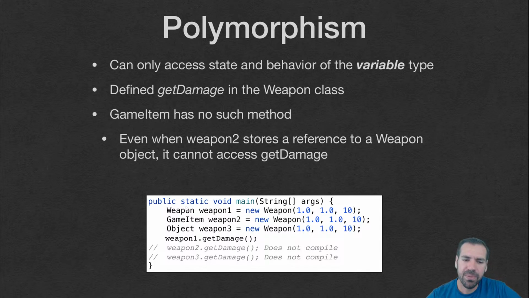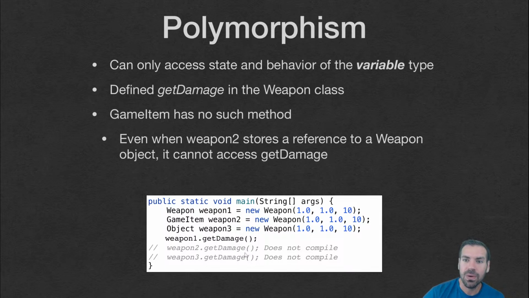So from the variable weapon 1 of type weapon, I can call get damage all day. That's fine. We would expect that from everything we've seen all semester. We can make this call. But if I uncomment either of these next 2 lines, from weapon 2 of type game item, I can't call get damage.